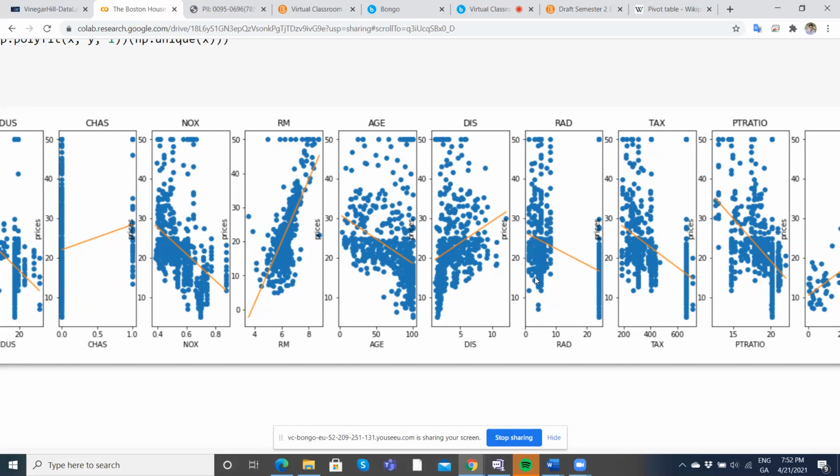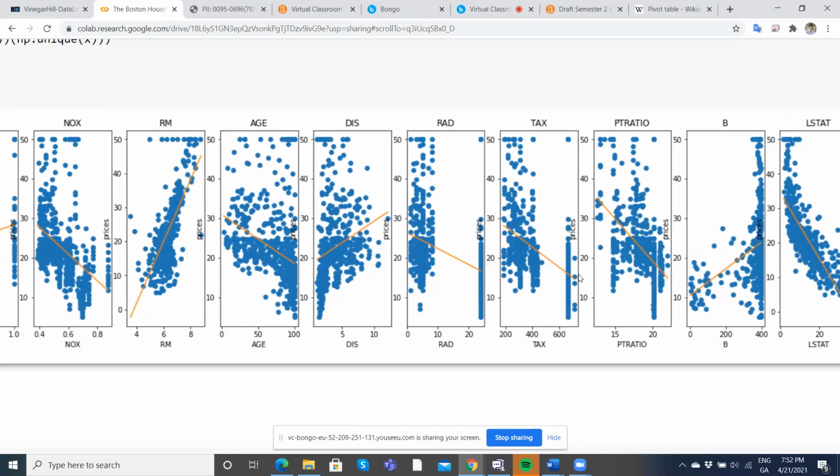But you could imagine a situation, maybe if we didn't have this value of 24 over here, maybe that's pulling the trend line down, right?